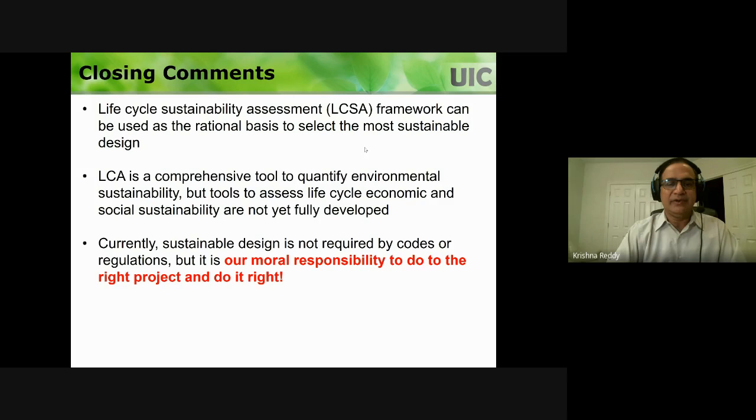But one factor is that sustainability is becoming more and more important. Carbon footprint is becoming more and more important. So now we don't have codes and regulations that require considering sustainability in our designs, but I'm sure in the near future we're going to have those requirements.